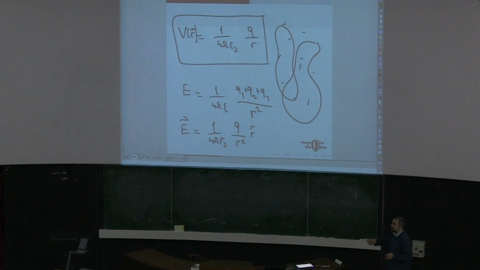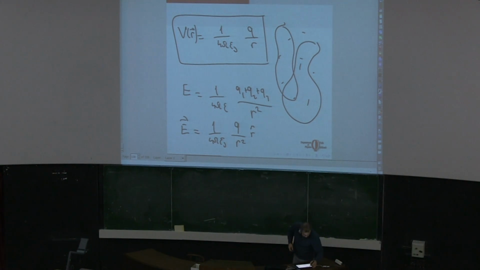But at this level, they are abstract in the sense that they are independent of your coordinates. These should be valid whichever coordinate system you choose. But always remember to interpret these symbols. This is not the distance from the origin. At least in this context, this r is the distance of your observation point from your charge.